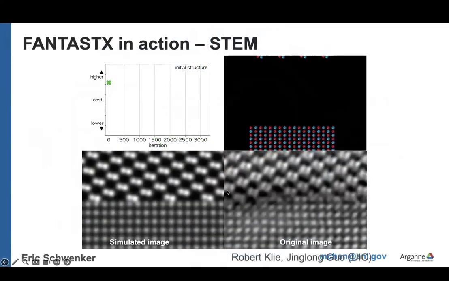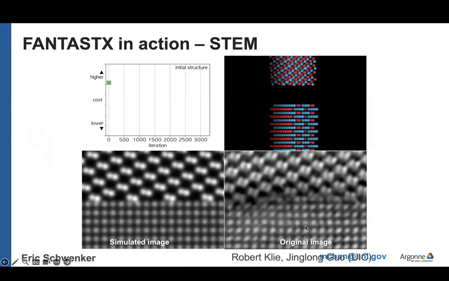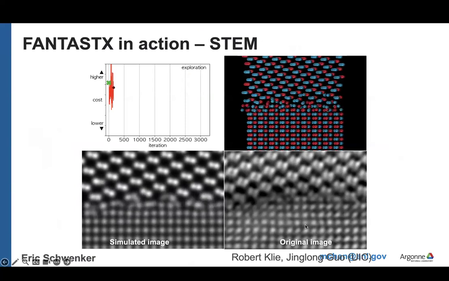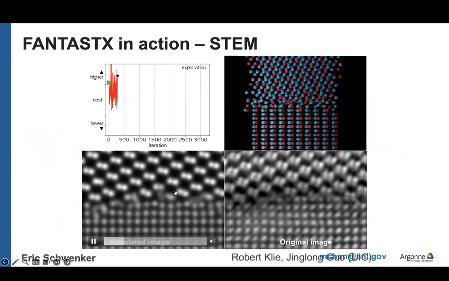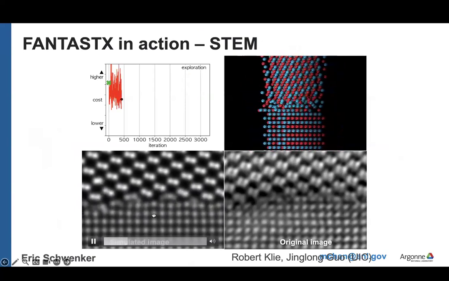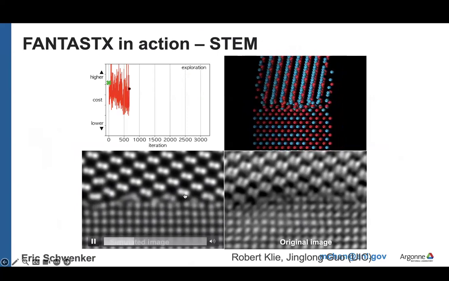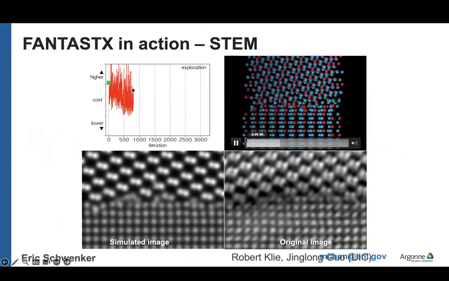So this is an example of Fantastics in action. The lower right is the original STEM image. This is an interface, a grain boundary, in fact, inside a cadmium telluride solar cell. The lower left is an automated simulation and match. A score is returned for every simulation, every structure.